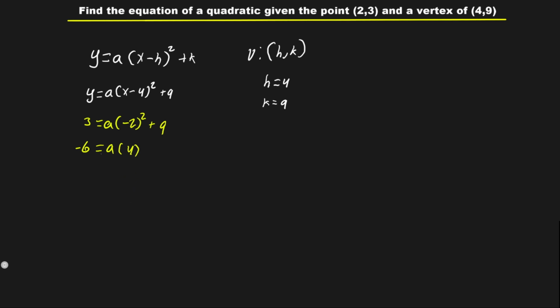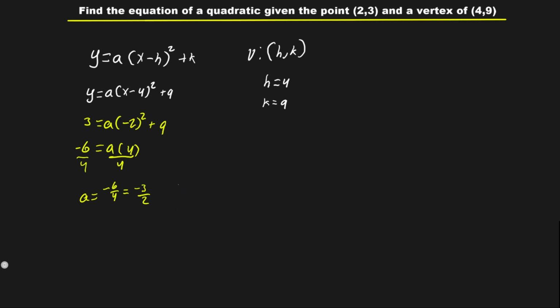And we can divide by 4, giving us a is equal to negative 6 divided by 4, which we could reduce to negative 3 over 2.